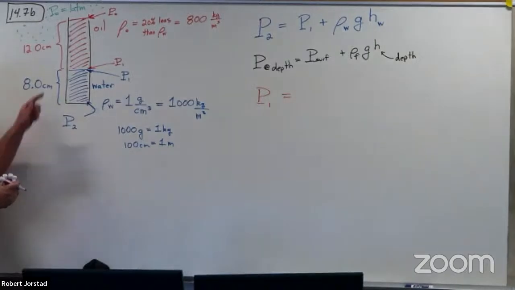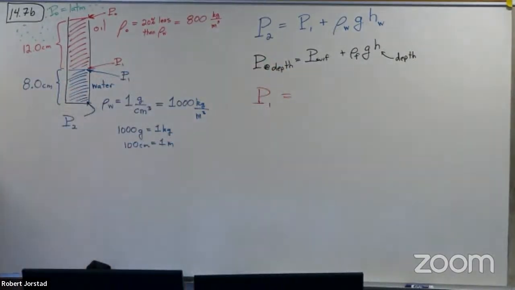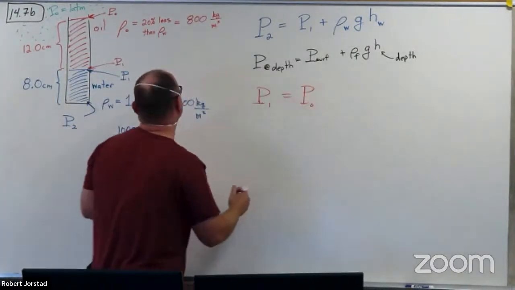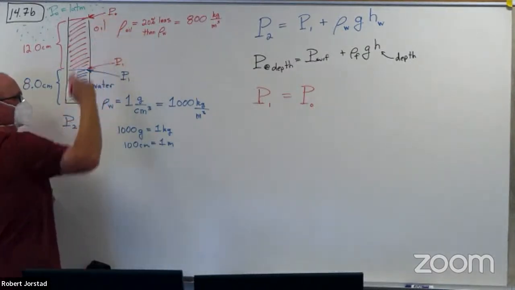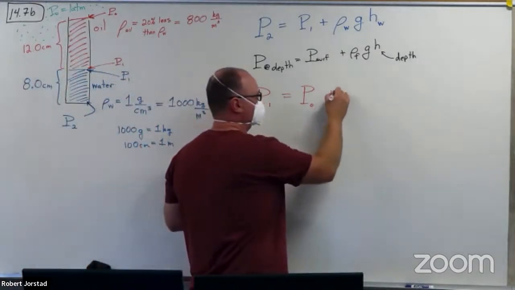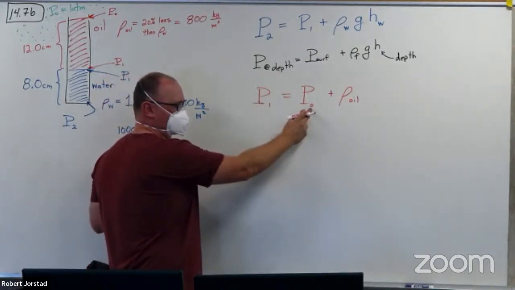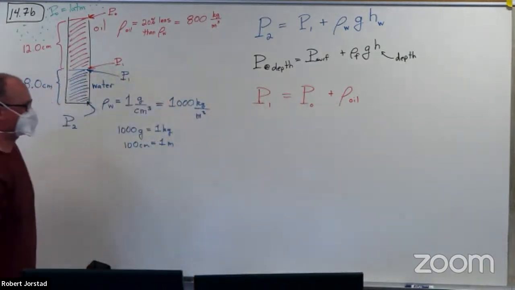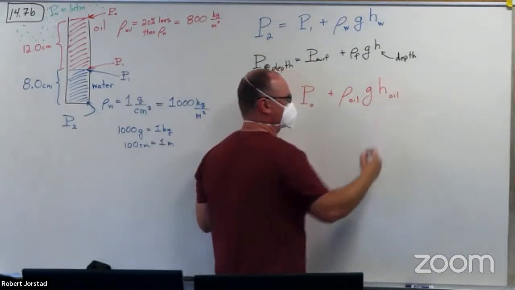P1 is the pressure at depth for the oil column, right? So P1 must equal, what's the pressure at the surface for the oil column? P0. What I'm going to do, I'm going to stick the whole word oil on this one just to clearly distinguish it, okay? That way you can tell that this is P subscript 0, and this is rho subscript oil, g, depth of the oil.